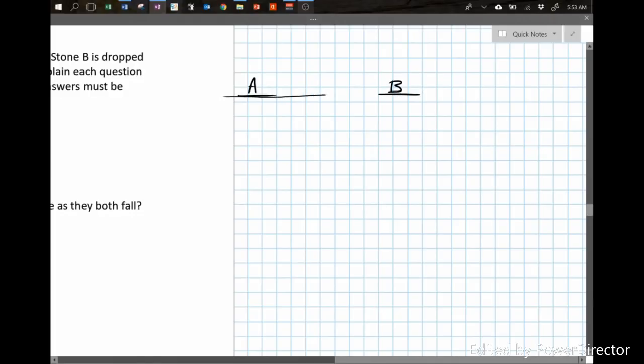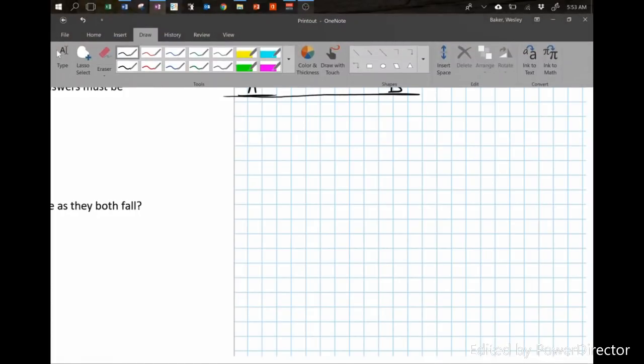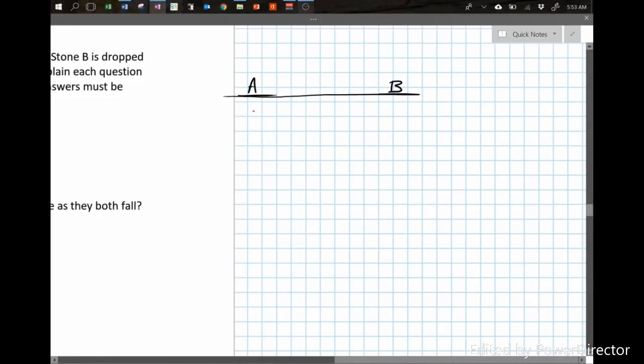So ball A starts off at rest, time equals 0. After a second, ball A falls a little bit. In the next second, ball A falls more. After 3 seconds, it falls even further. And that pattern continues.